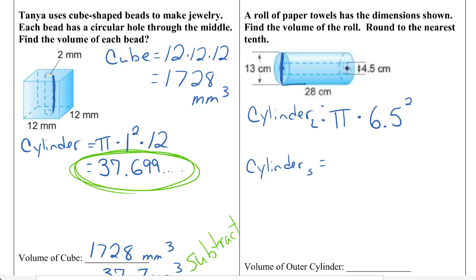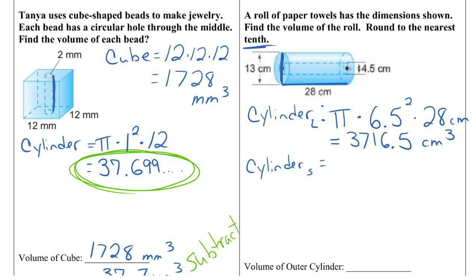And then the height of the paper towel is 28 centimeters. Let's calculate what that volume is, and we'll round to the nearest tenth. You should have gotten that the outer cylinder is 3,716.5 centimeters cubed.